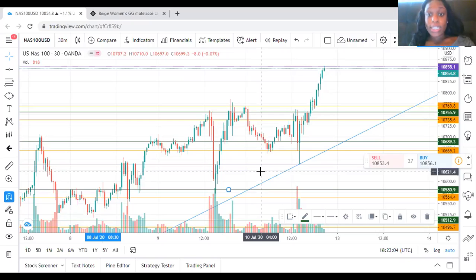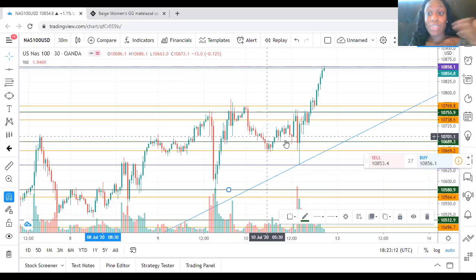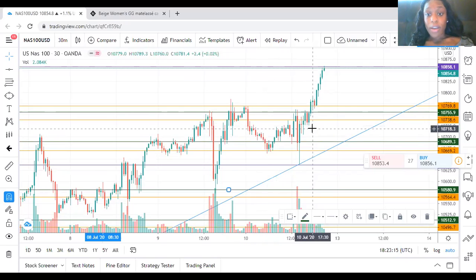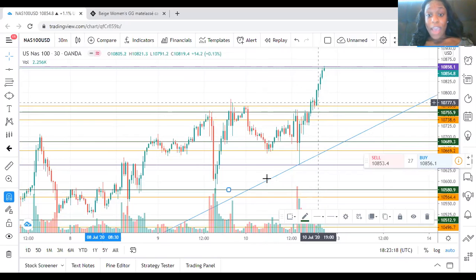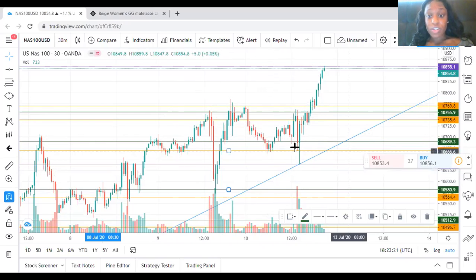Honestly, just by trading off of support and resistance, you technically could have caught this beautiful uptrend. With the trend line, you saw it hit the trend line and make this nice, beautiful wick, and look, boom.